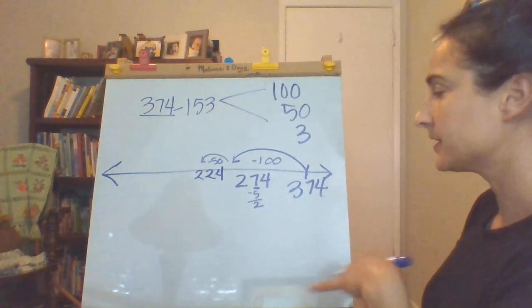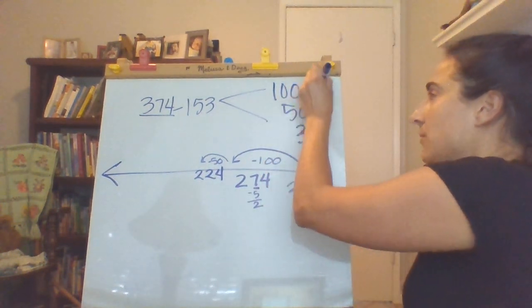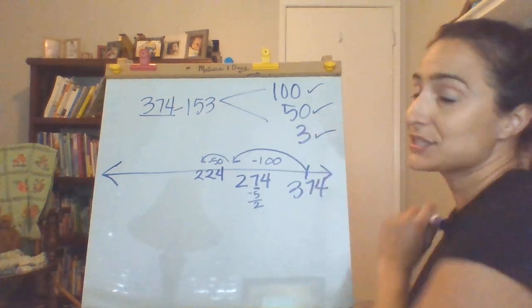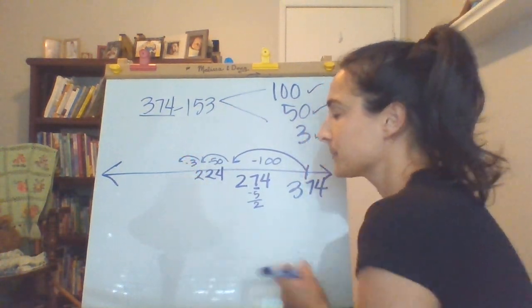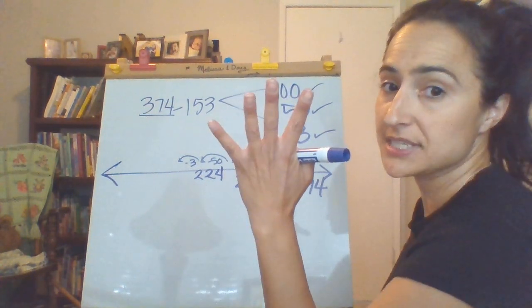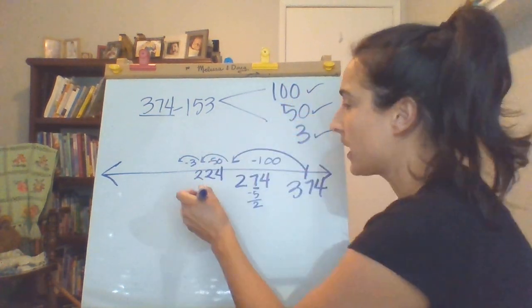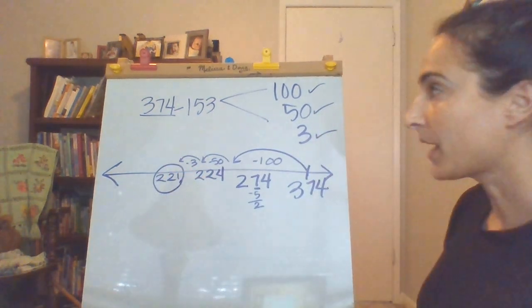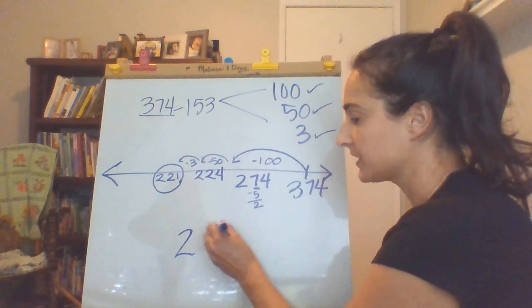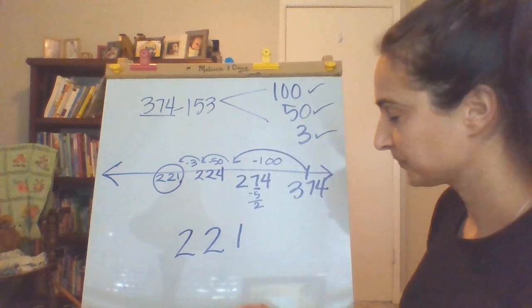Am I done? Not yet. I've done that one. I've done that one. I need to do my 3 now. I need to take away 3 ones. I have 4 ones. I'm going to take away 3. I'm left with 1. So my answer is 221.